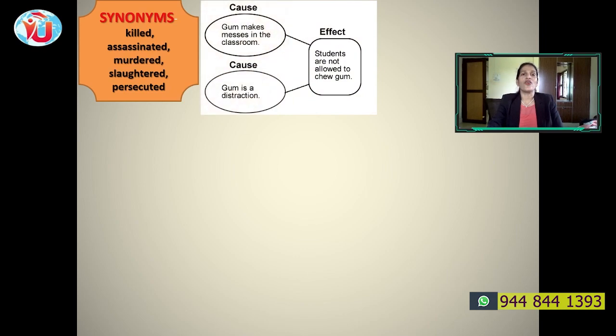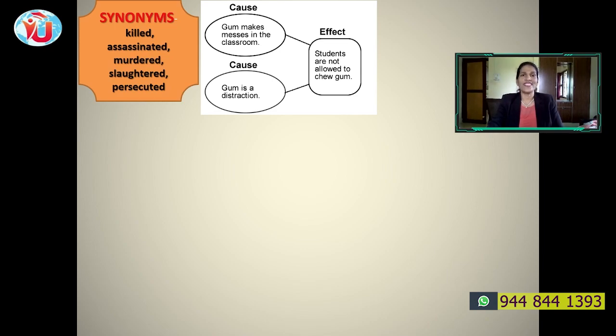You look for cause and effect. What is cause and effect? A certain thing causes something. So the cause may be that gum makes a mess in the classroom, or gum is a distraction. That's a cause. What is the effect? Students are not allowed to chew gum. So what happens? If the students chew gum, they will make the classroom messy.